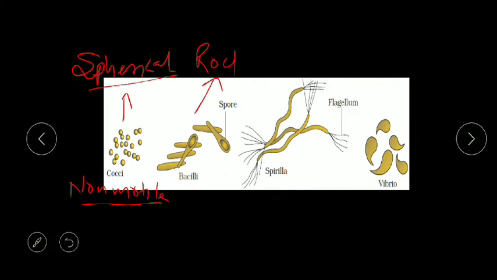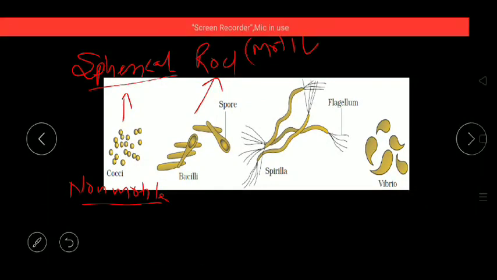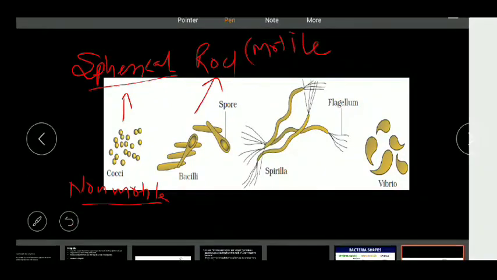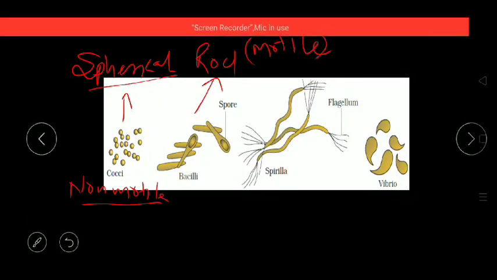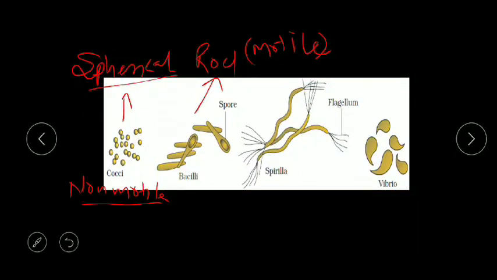But flagella is absent, so they are non-motile. But when we talk about bacillus, they are rod-shaped, and these rod-shaped bacteria are motile.